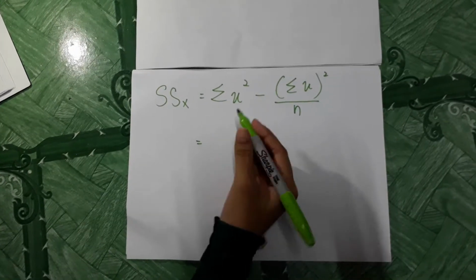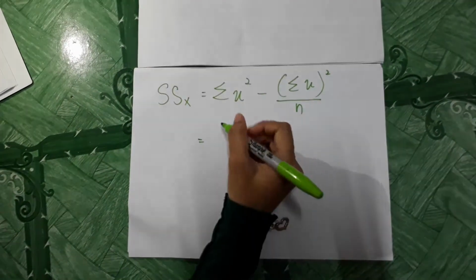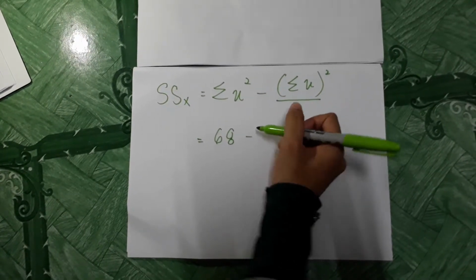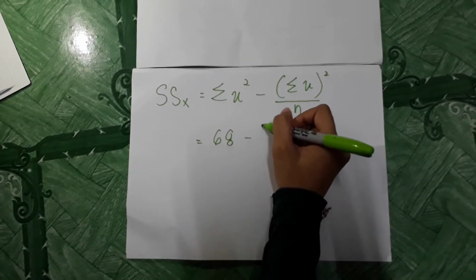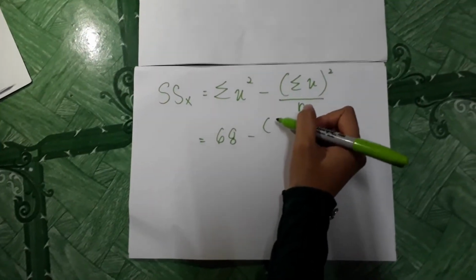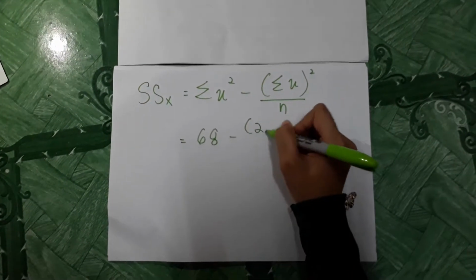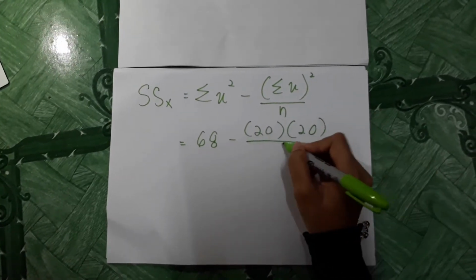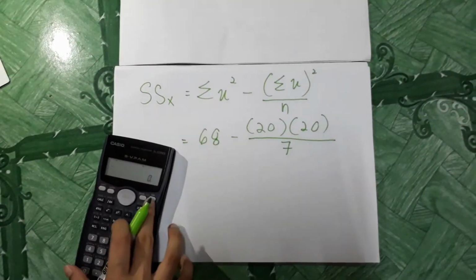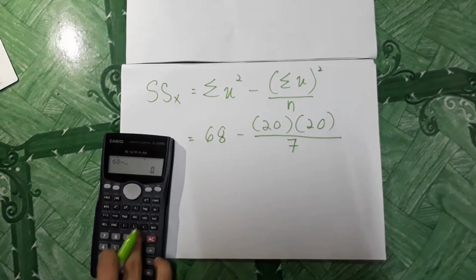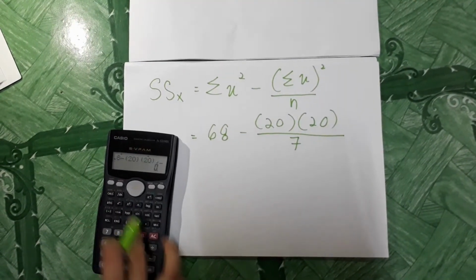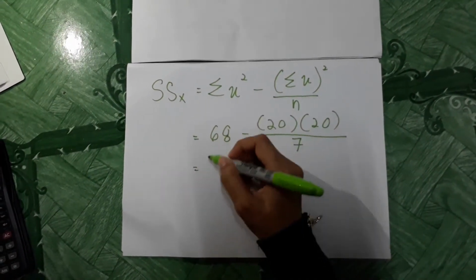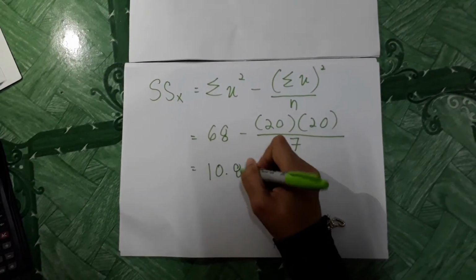Use the values that we have found before, which is 68 minus 20 times 20 over 7. Use the calculator, and the answer would be 10.8571.